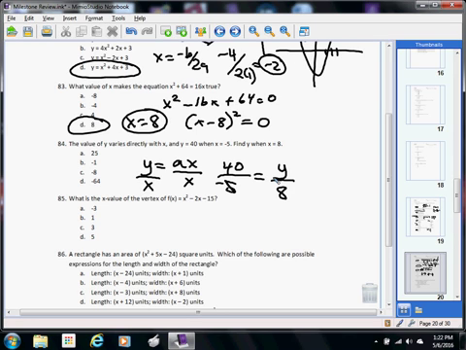How do you solve a proportion? Awesome. Cross multiply. Negative 5 times y gives me negative 5y. 40 times 8 is 320. 320 divided by negative 5 is negative 64. So the correct answer to number 84 is also D.